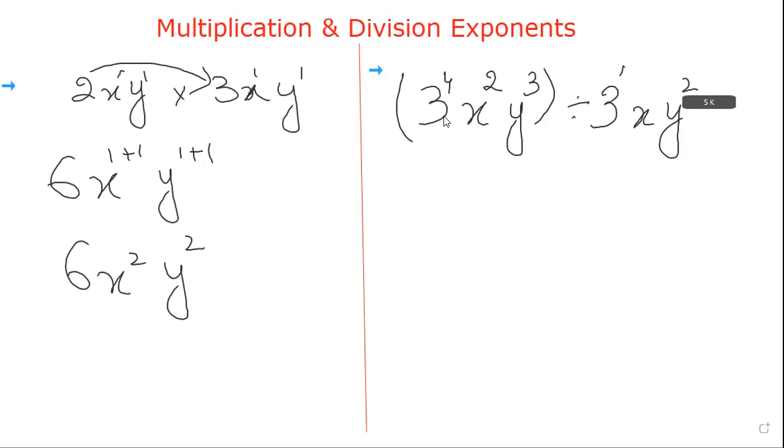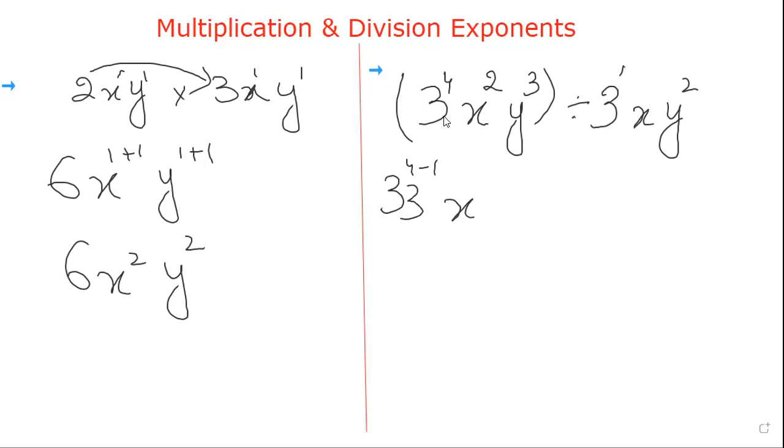If there is nothing written on any variable or any number, it means it's actually 1. So we're going to write it like this, and just subtract the powers from each other: 4 minus 1, x 2 minus 1, and for y 3 minus 2. So my answer would be 3 cubed x y. That will be my answer.